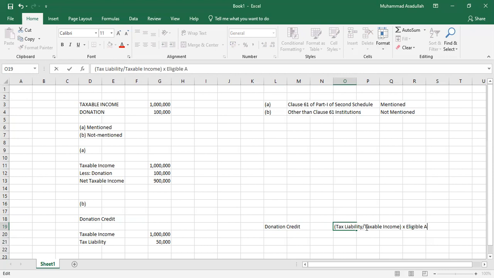eligible amount. Now the question is, what is actually the eligible amount?